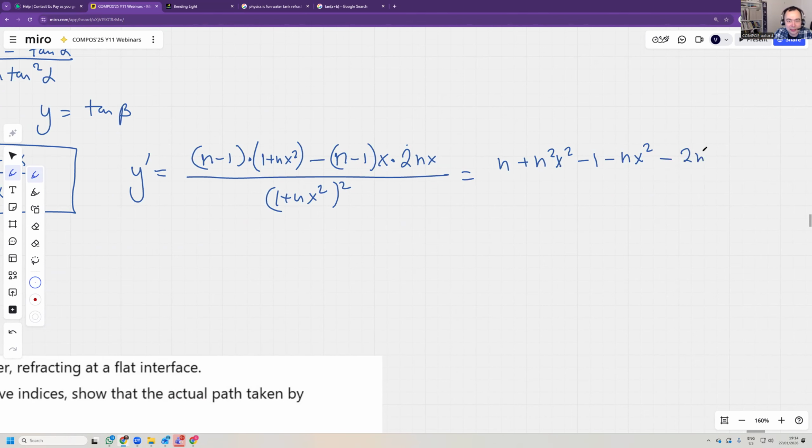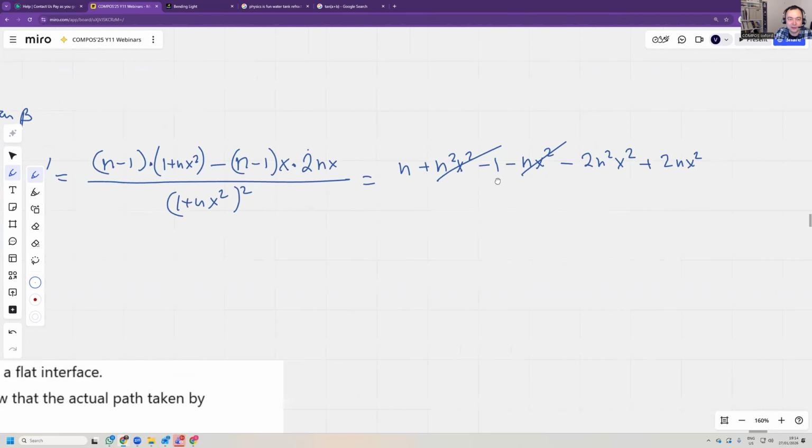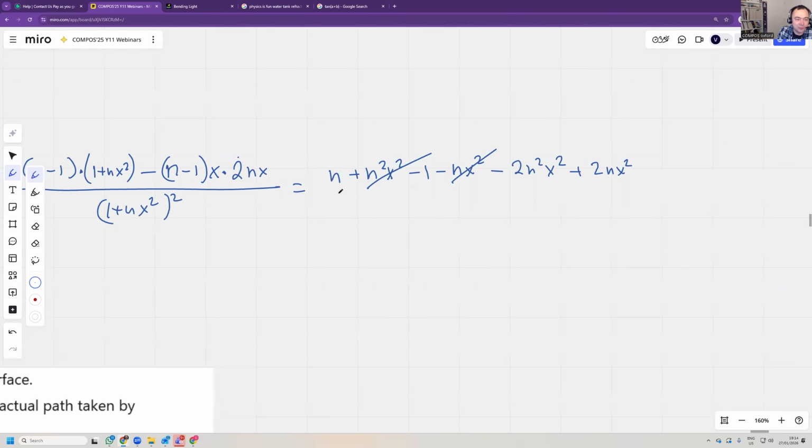N squared x squared cancels. Divided by 1 plus nx squared, squared.